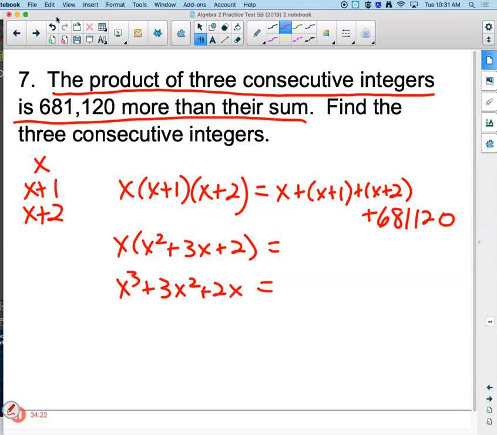But good news, the right-hand side is some pretty easy math, because all we have to do is combine like terms because it's addition. So x plus x plus x. 1 plus 2 is 3. 3 plus 681,120 is 681,123.